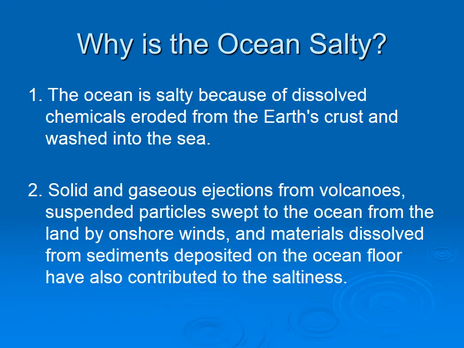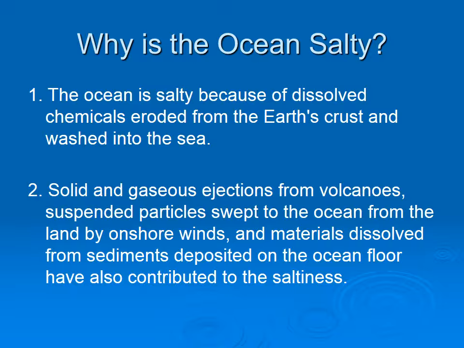And we're going to get into why the ocean is salty, what makes it salty. So the ocean's salty because of dissolved chemicals that have eroded over time, that have worn away from the Earth's crust and washed out into the sea. And those chemicals that have washed out into the sea are salty. The ocean is also salty because of solid and gas ejections from volcanoes.